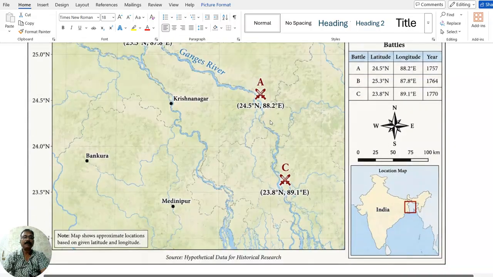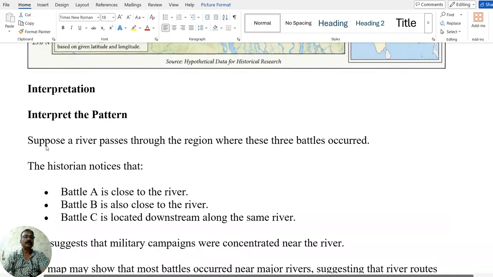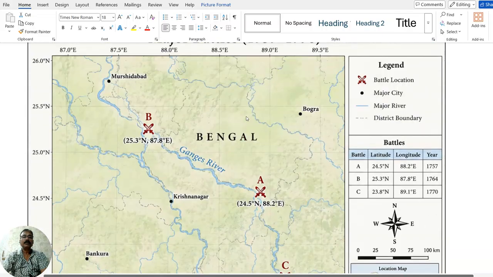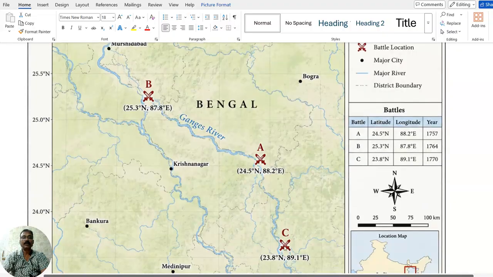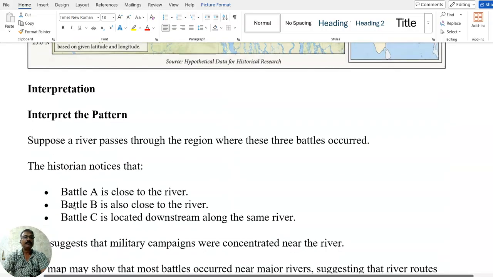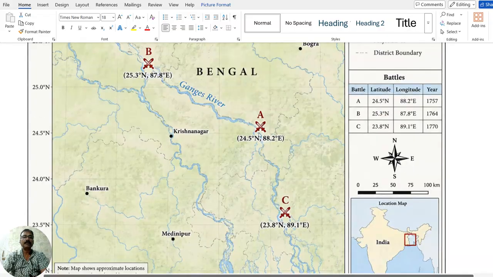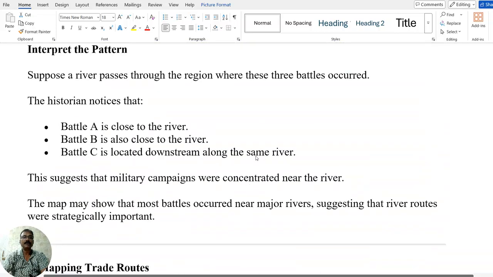Now, with the help of this map, how does the historian interpret the pattern? Suppose a river passes through the region where these three battles occurred, and this is the river Ganges. All the battles took place near the river. The historian can explain that battle A is close to the river, battle B is also close to the river, and battle C is located downstream along the same river.